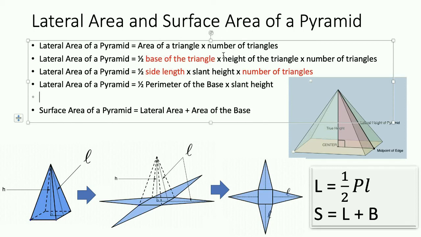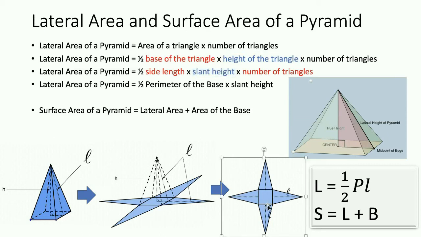Well, the height of the triangle in this case is the slant height. So there's the height of the triangle, that's the slant height. And then finally the number of triangles. Well, I put these both in red because if you take the length of a side, so this red, times the number of triangles, so the length of this side times 4, actually gives us the perimeter.